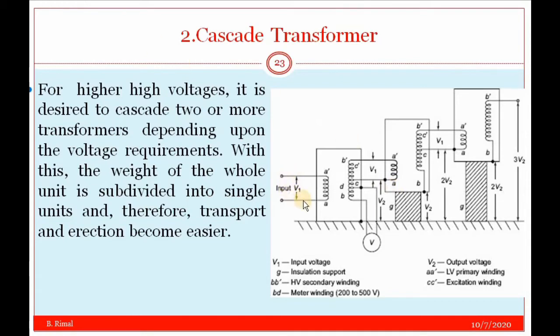In this slide you can see there are three windings in this test transformer. The first one is the input, and the second winding is divided into two parts, similar for the second test transformer, and the last one has only two windings. Just two windings are sufficient to generate the high voltage in the last test transformer of the cascade.